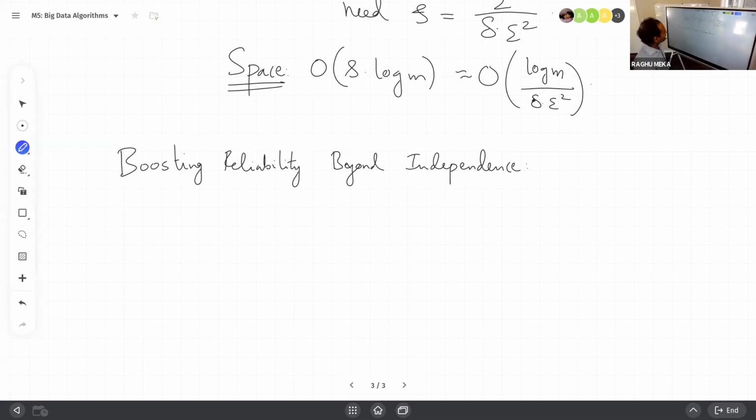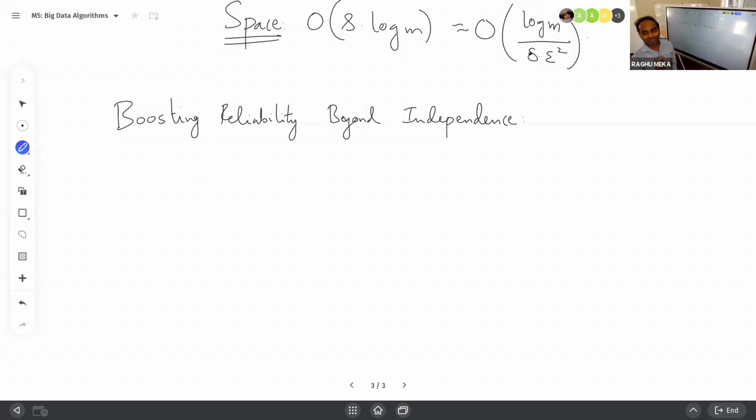So how can you bring that intuition into what we are doing? Any ideas? How can I use the median?